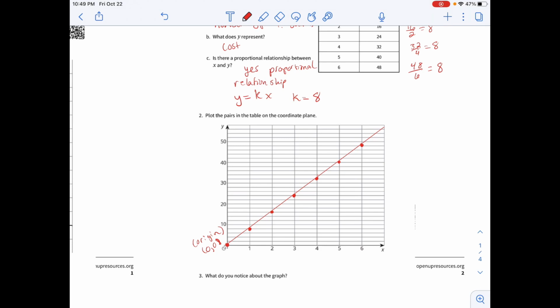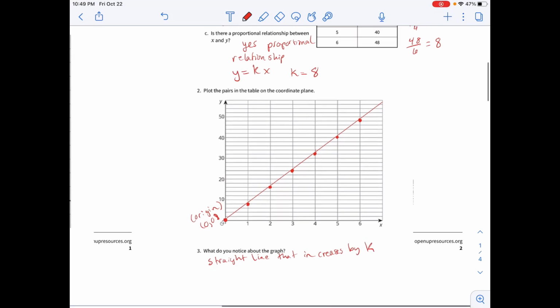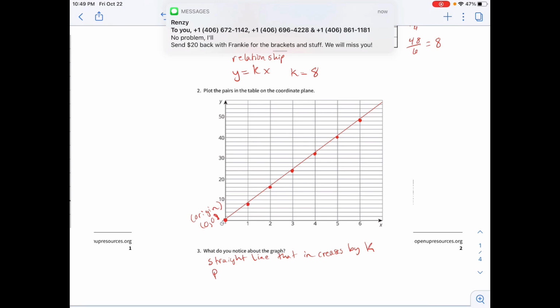So, a straight line that increases by k and passes through the origin.